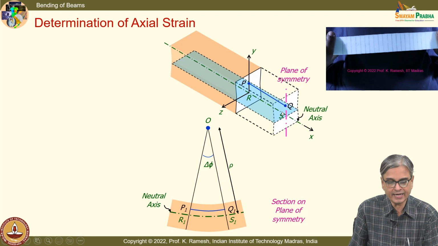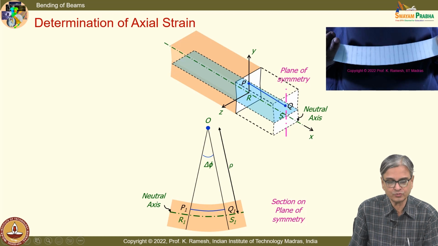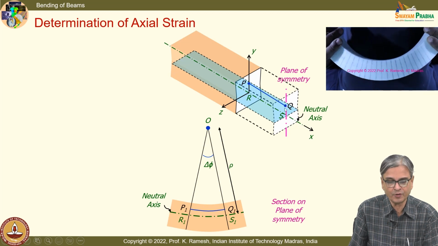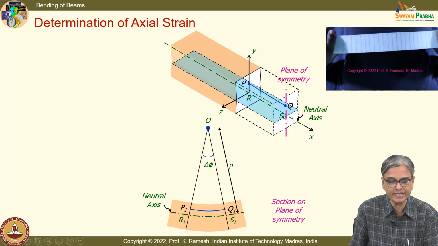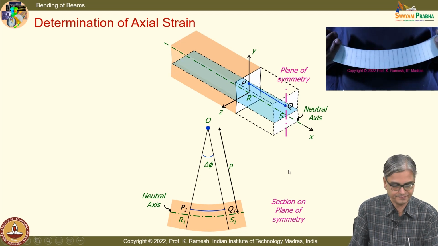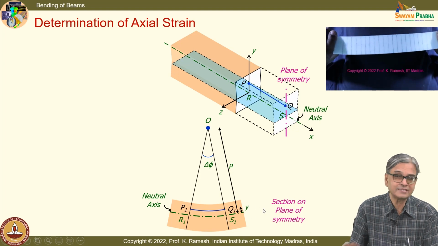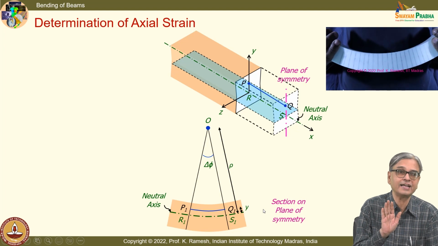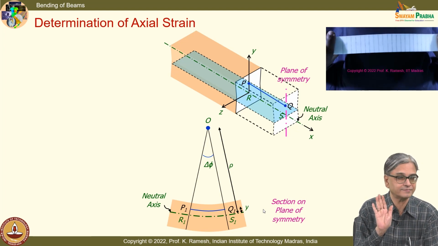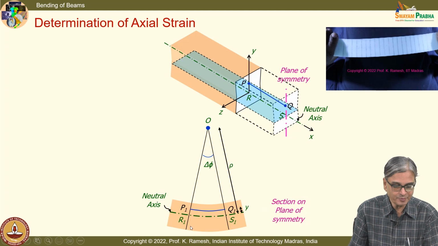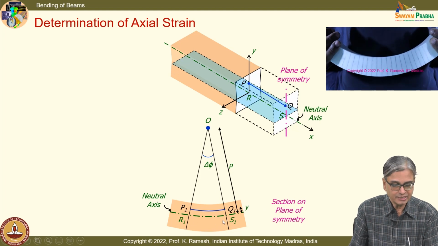And we have a line PQ in the undeformed configuration. It is at the distance y from the line RS. Even in the deformed configuration, we still take the line at a height y from the neutral axis. You will not appreciate it now because I am showing only reasonably small deformation. Only when we look at very large deformation, you will find this distance need not remain same.